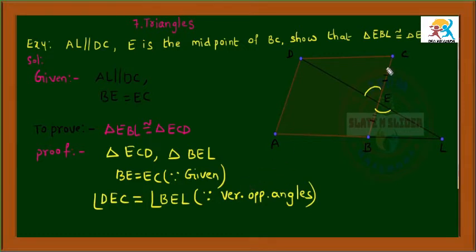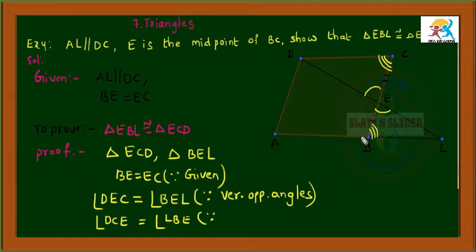And I am going to write angle DCB, this angle, is equal to angle LBE. How? I am writing angle DCE is equal to angle LBE. What is the reason? In the question itself, it is given that CD and AL are parallel.